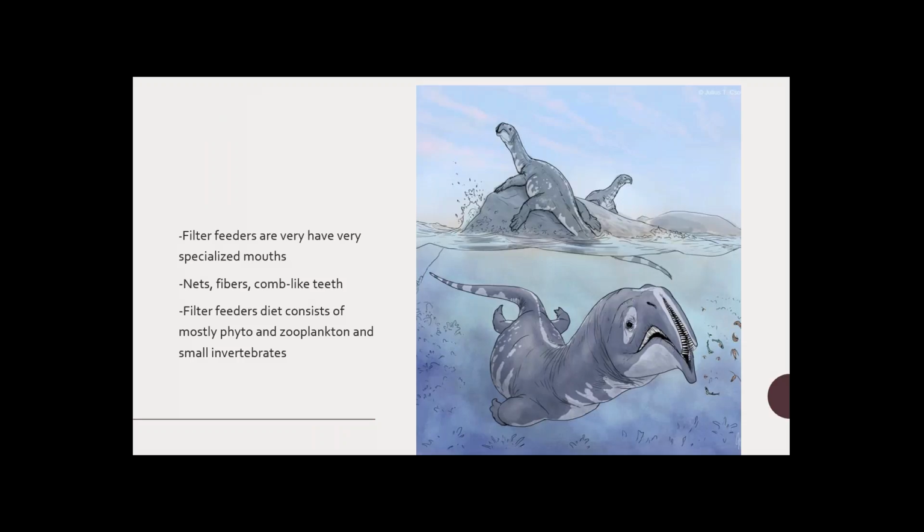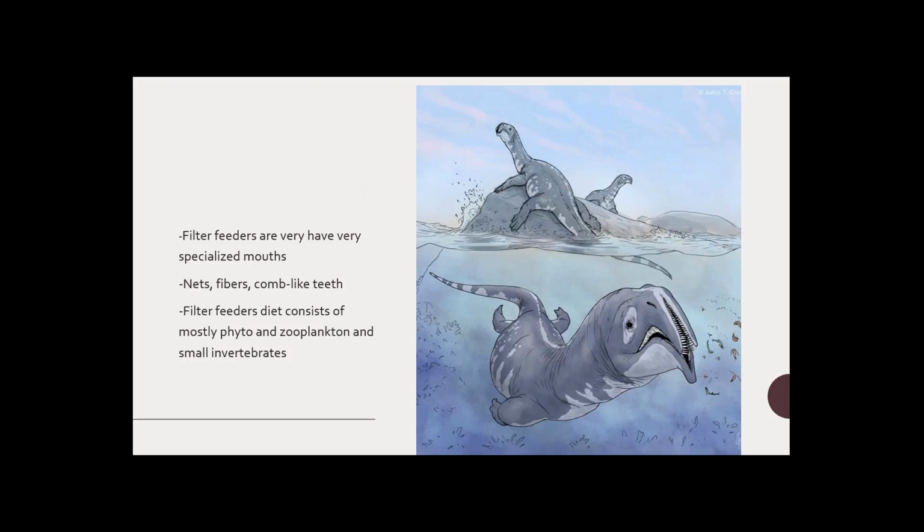And I wanted you to notice that, like the one earlier, which had a net, we can compare that also to the baleen whale that we see today. It has like a brush-like mouth, and their diet is going to consist mostly of phyto and zooplankton and small invertebrates, maybe like shrimp or things that don't have shells, basically.